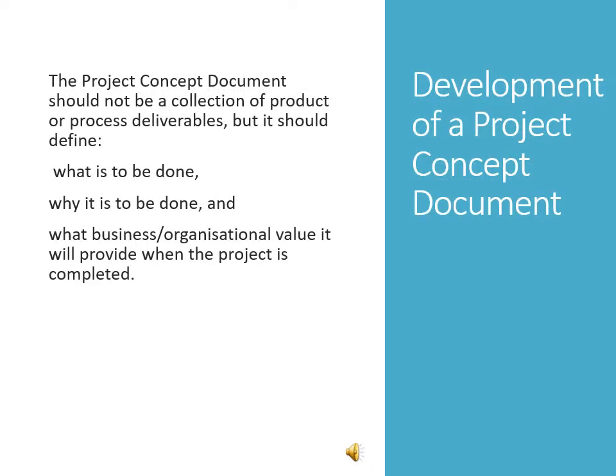Very important stage here, the development of a project concept document. The project concept document should not be a collection of product or process deliverables, but it should be clear and should be able to define, firstly, what is to be done, why is it to be done, and what business organizational value it will provide when the project is completed.